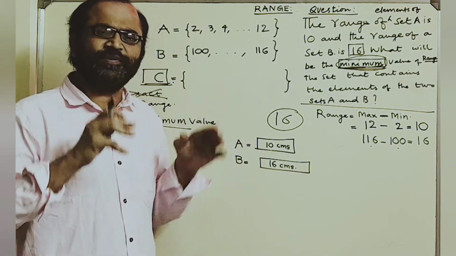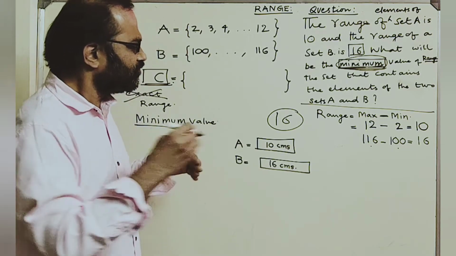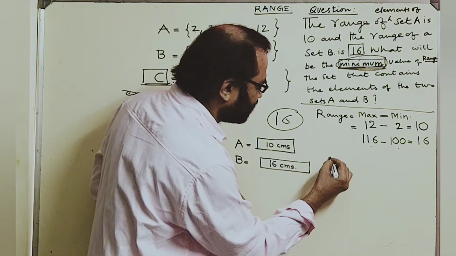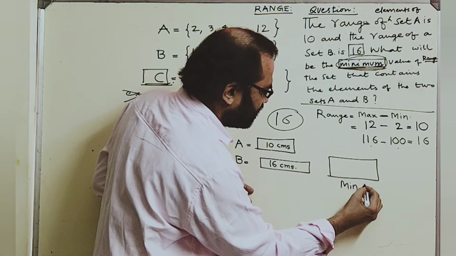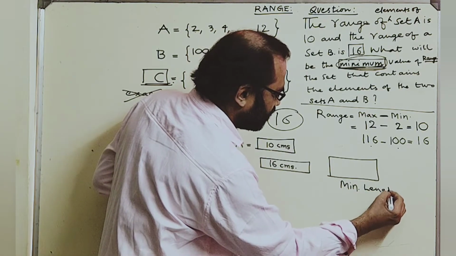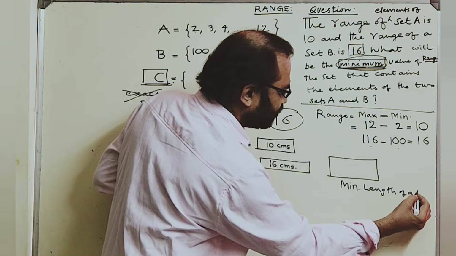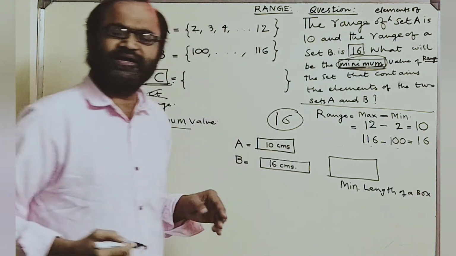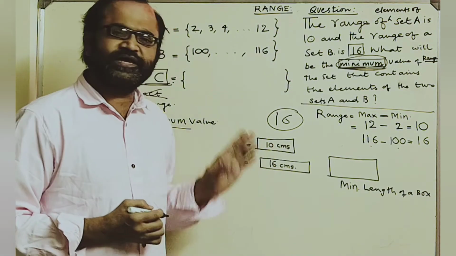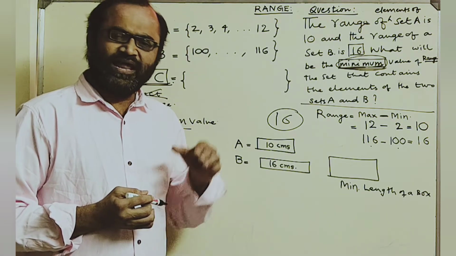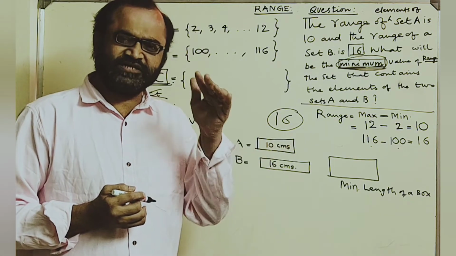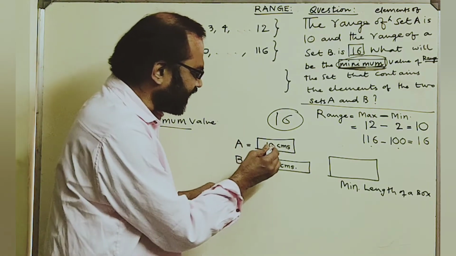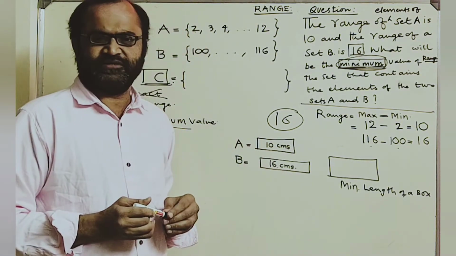Now consider this practical example. What should be the minimum length of a box that can contain both these two scales? The length of a third box, what should be its minimum length such that it can contain both these two scales?